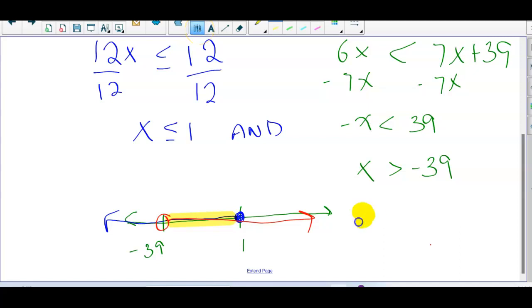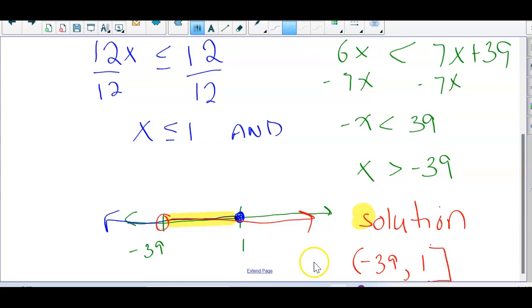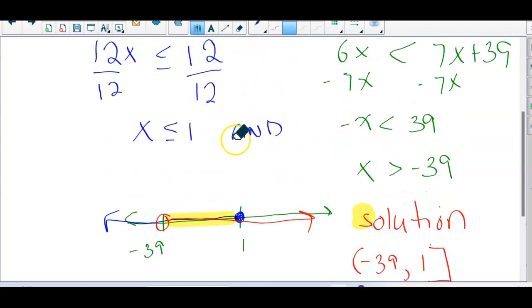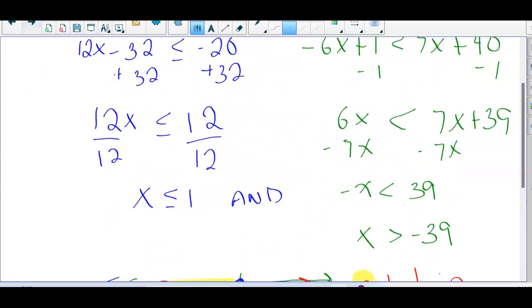So my solution, oops, let me get the pen that works right. I was going to write solution is going to be in interval notation greater than negative 39 and less than or equal to 1. Good thing I fixed that. There's the answer there, right? Only where the overlap. If it was or, it would have been all real numbers. I'm glad I double-checked that.